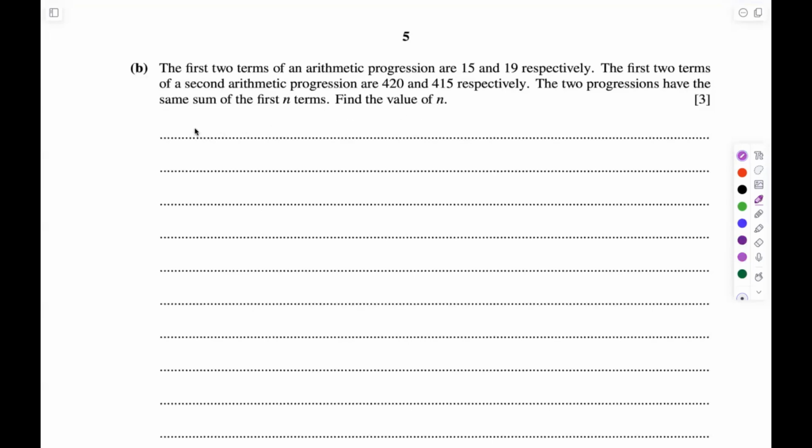For the first progression, as the first two terms are 15 and 19, a is equal to 15, and the common difference is the difference of two consecutive terms, so that will become 19 minus 15, which is equal to positive 4. For the second progression, the first term is 420 and the second term is 415, so the common difference will be 415 minus 420, which is equal to minus 5.